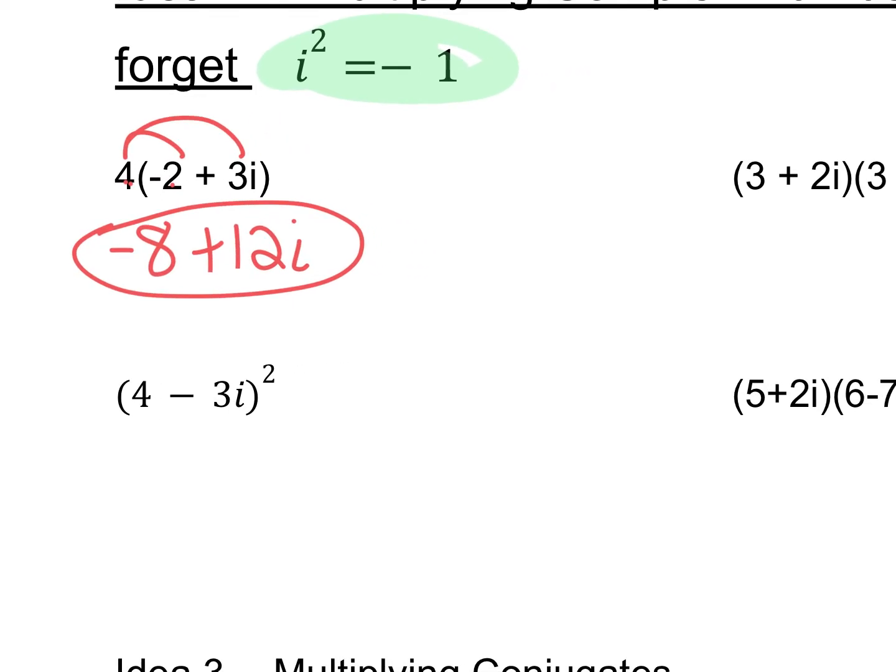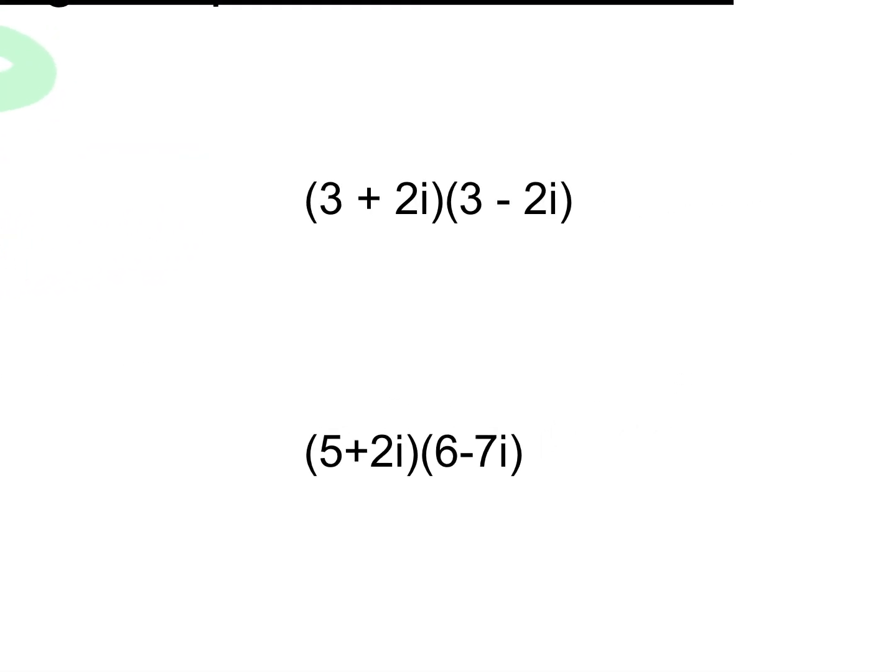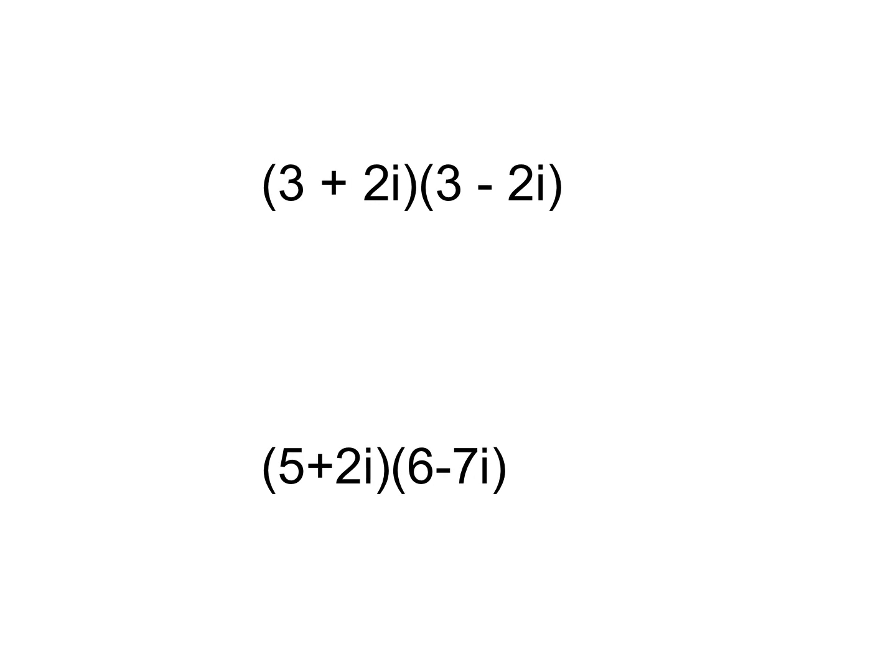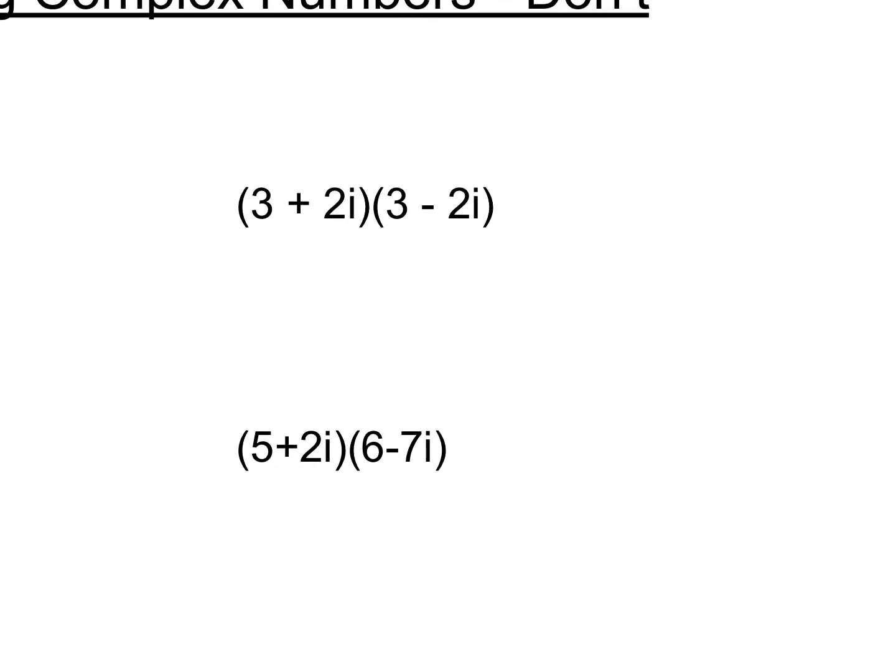Okay, so if we move on to some multiplication here a little bit more, we are going to multiply 3 plus 2i times 3 minus 2i. And of course, if we want to do that with the box method, we can do it that way.